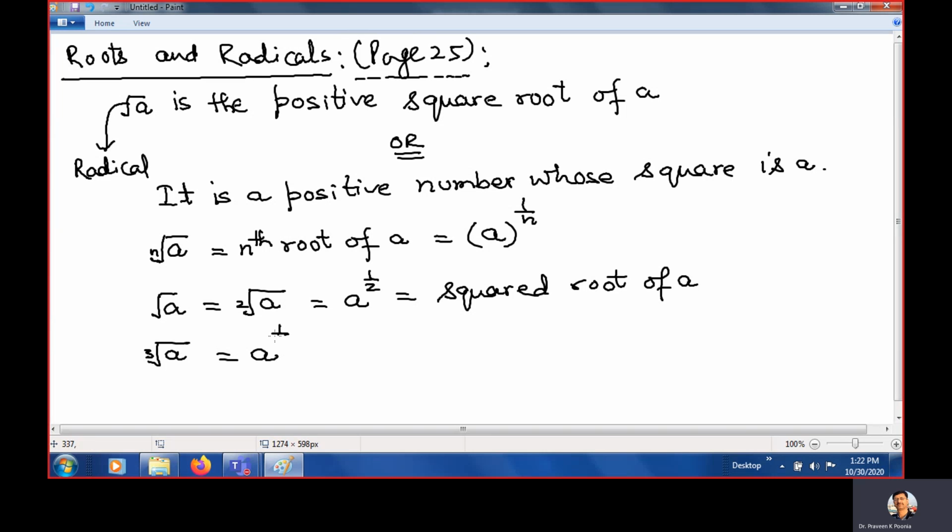That is A power 1 upon 3, that is the cube root of A. So the value of N written here says the order of the root. If it is 2, that is a square root. If it is 3, then it is a cube root. If it is 4, we call it 4th root, 5th root, 6th root, like this.